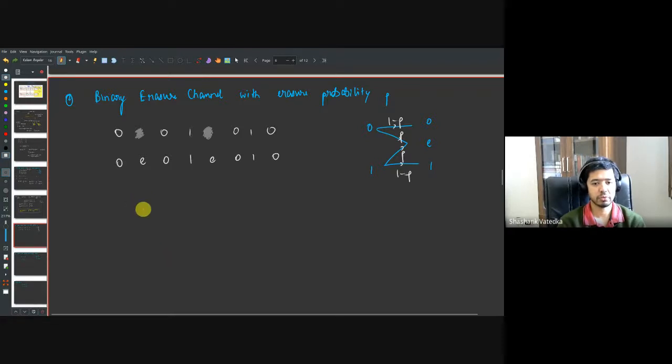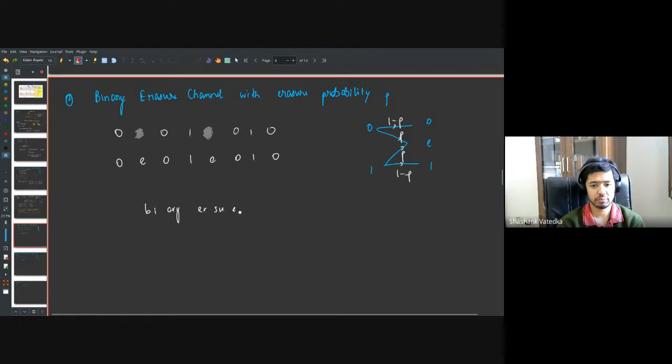So for example, if someone writes "binary erasure", and maybe someone erases these particular locations out, you know that there is a space over here, which means that something was erased, but you don't know what the character was.